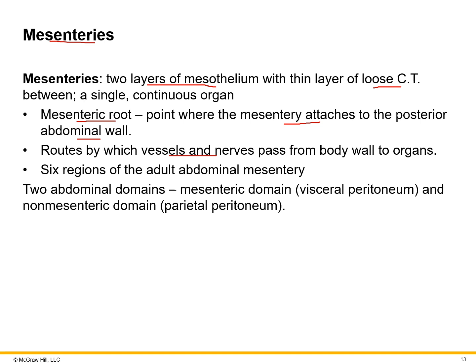So these mesenteries are kind of like tunnels or connections between those blood vessels and those neurons into the various organs. And there are six different regions that make up the abdominal mesentery. Two of those domains include the mesenteric domain, which is that visceral peritoneum, and the non-mesenteric, which is the parietal peritoneum.